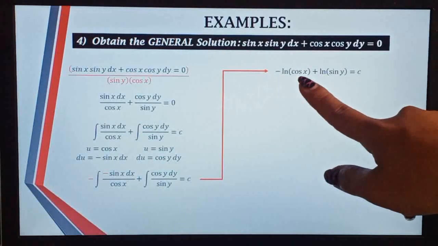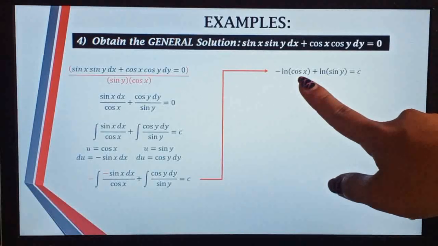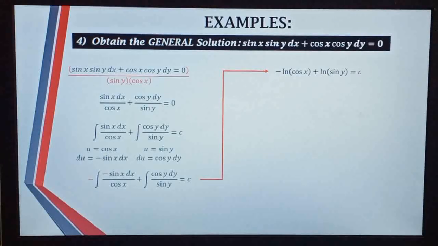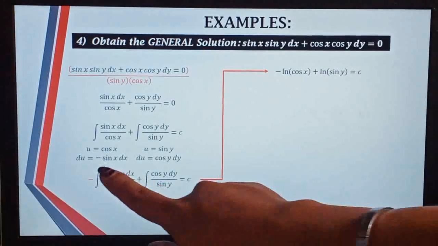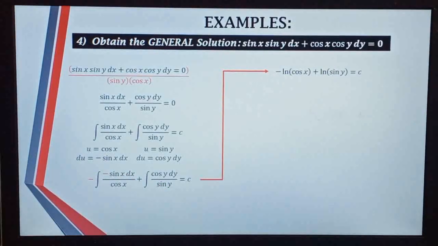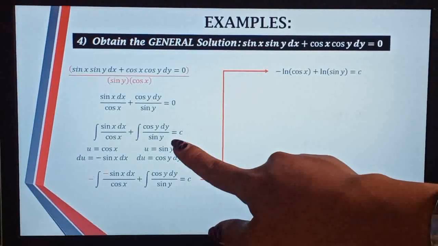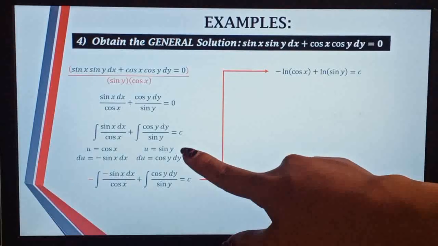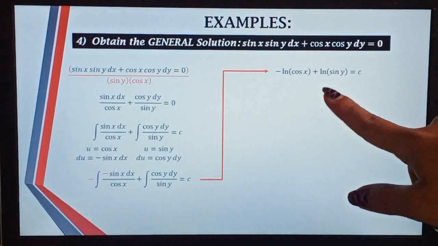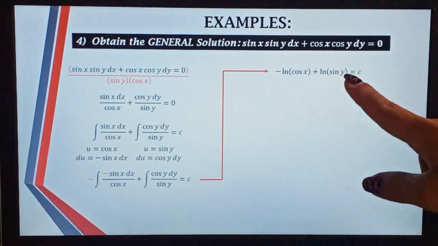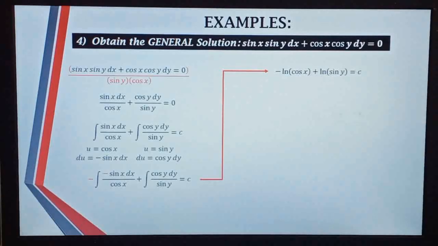So, ang u natin dun sa first term is cosine x. So, ang equation na ngayon is negative ln of cosine x, since mayroon tayong negative sa labas. Then, for the ln of u nung second term, that's du over u, the equivalent of your u is sine of y. So, ln of the sine of y equals nga sa c.